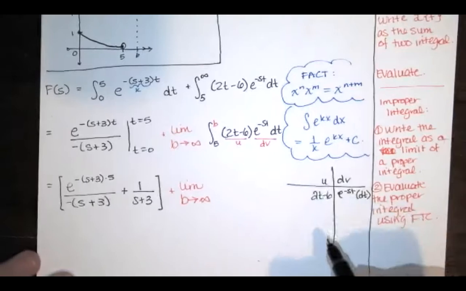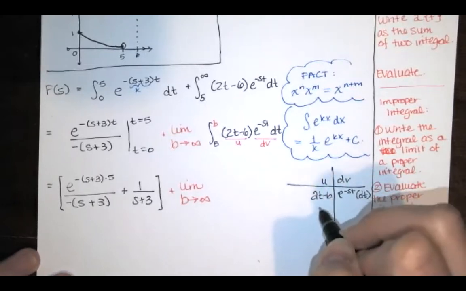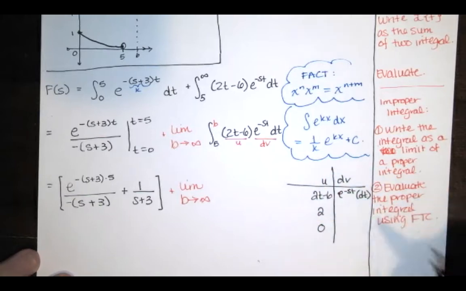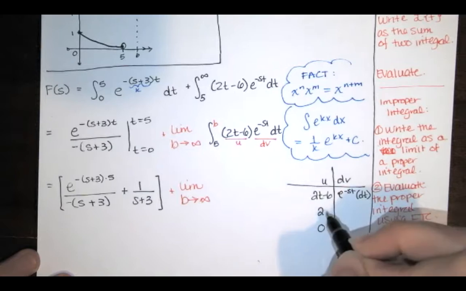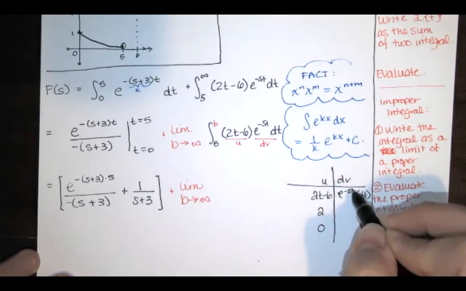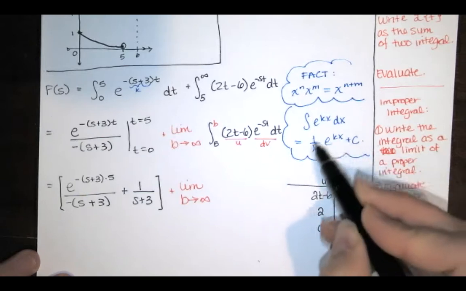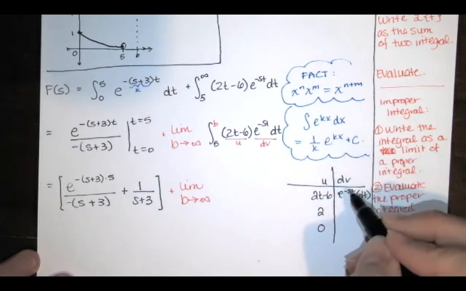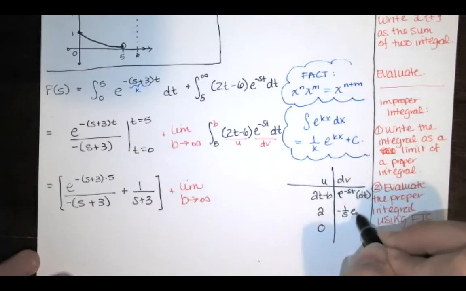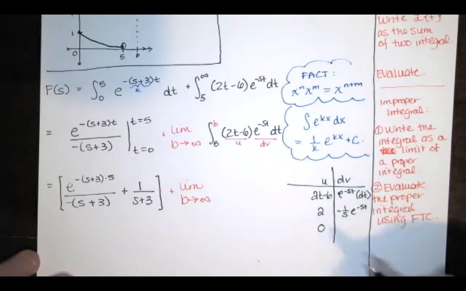And when we're using tabular integration, we differentiate in this column until we get 0. So the derivative of that is 2, the derivative of 2 is 0. Now in this column, we anti-differentiate until we have the same number of rows in both columns. So I'll take the antiderivative of this using my e to the kx rule again. So the k is that negative s. So we're going to divide by s or multiply by negative 1 over s, same thing, every time we take an antiderivative.